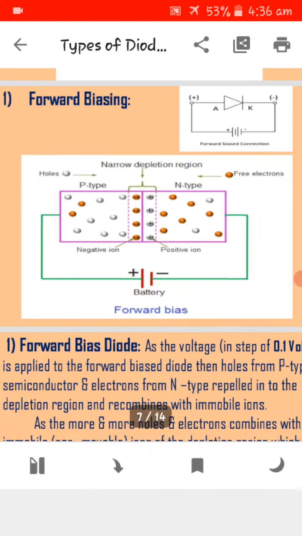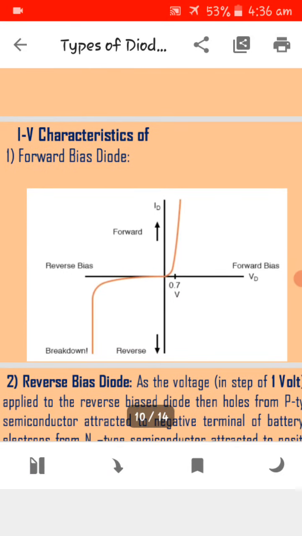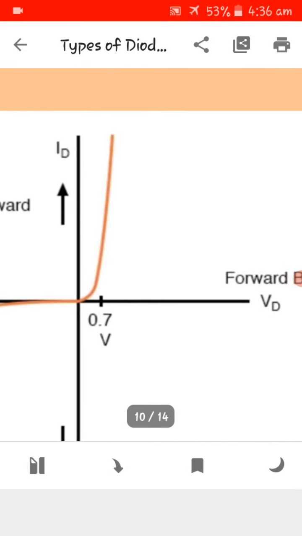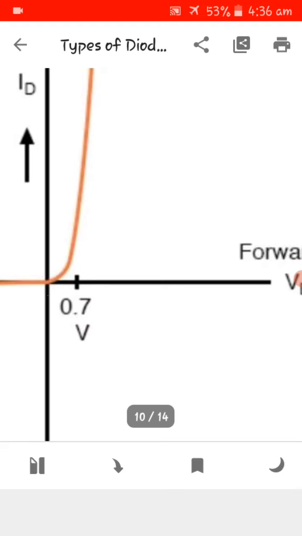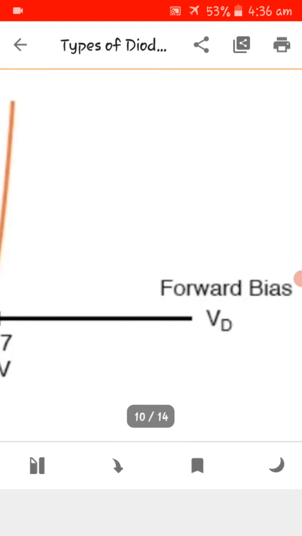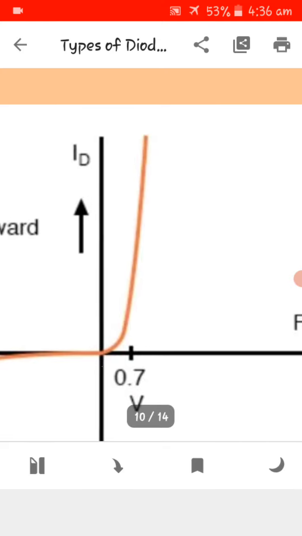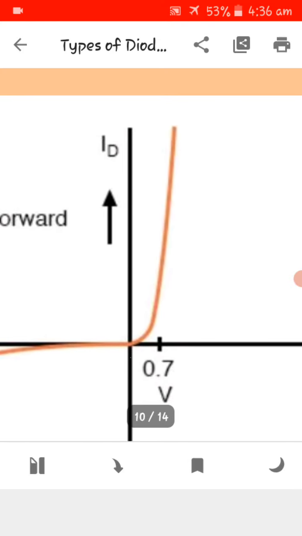This is the forward biasing mode in which the current is increasing like that. For that we have to look at the figure. In the first quadrant, we have the voltage axis Vd for diode voltage and Id for diode current.